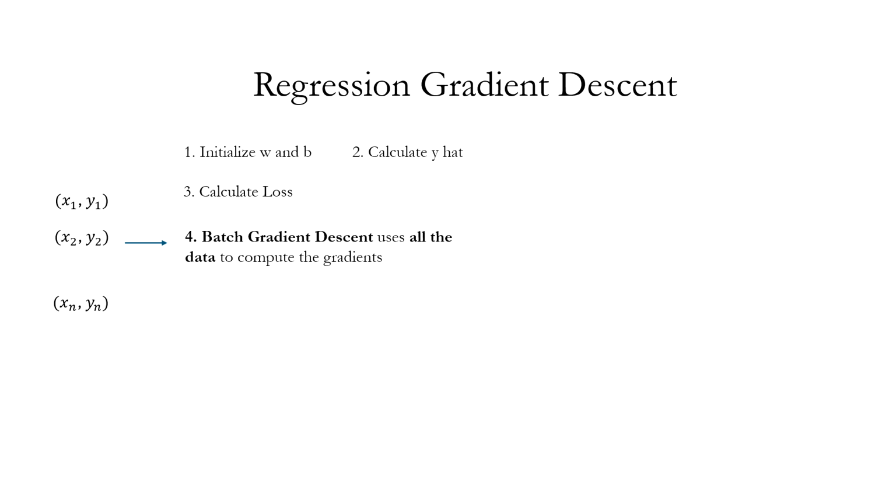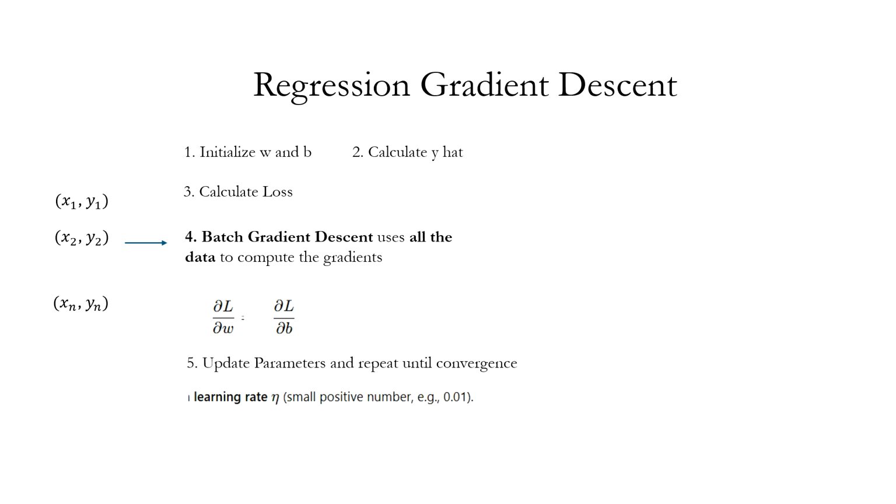We'll see later on in stochastic gradient descent that this is not the case, that they use samples. But in our example, in this vanilla gradient descent example, we're using all of the data. And we've got the derivative of L with respect to W, the derivative of L with respect to B. And these update the parameters, and we repeat until convergence, okay?